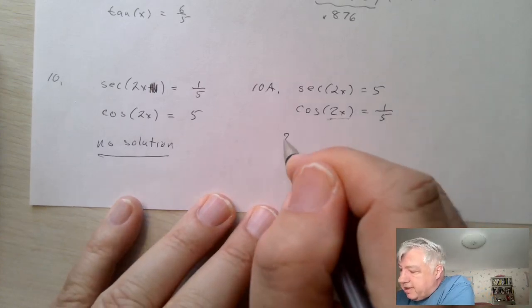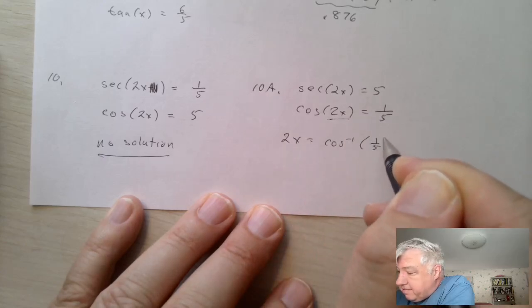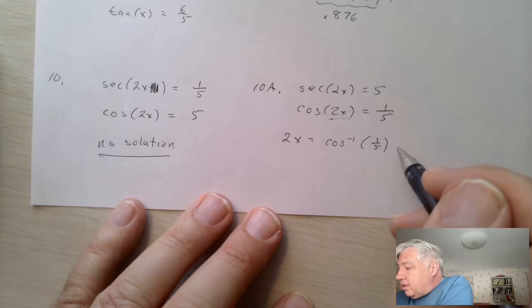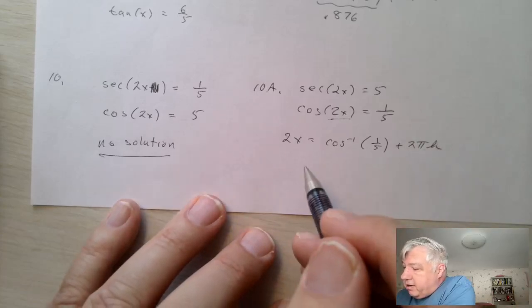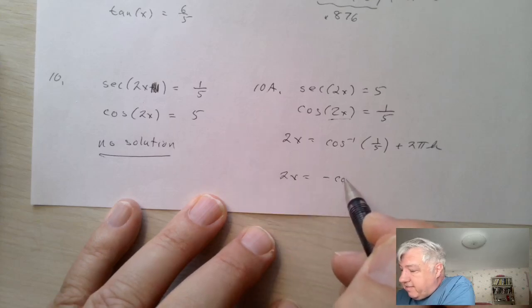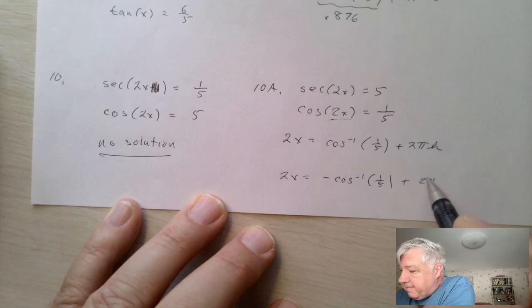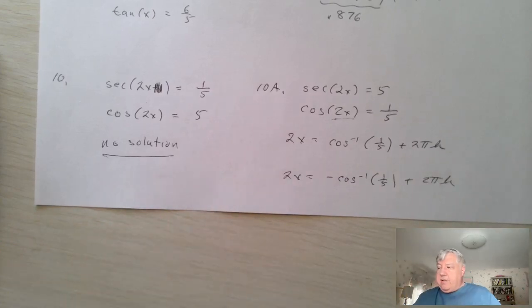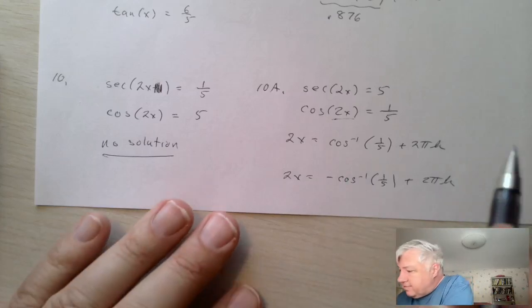Well, 2x then could be the inverse cosine of 1/5 plus 2 pi k, or 2x could be the negative inverse cosine of 1/5 plus 2 pi k. And at this point, we can divide both sides by 2.